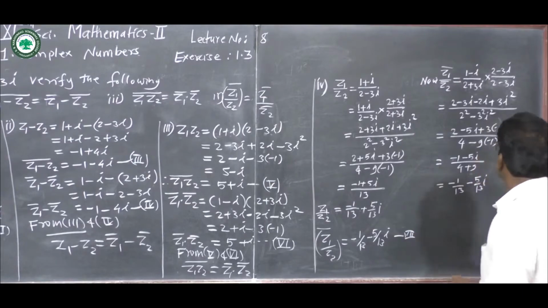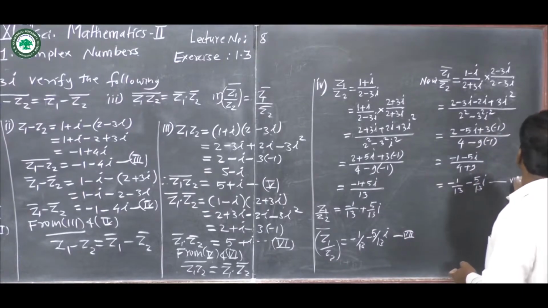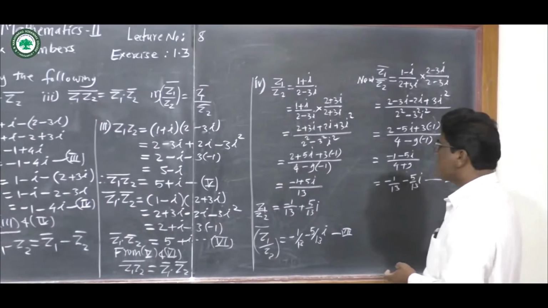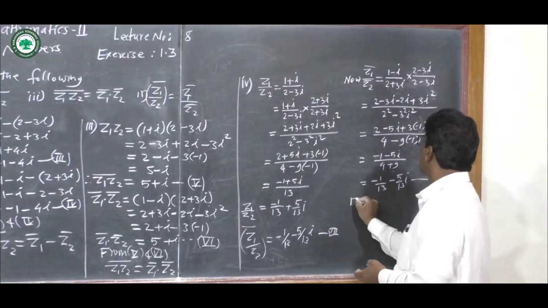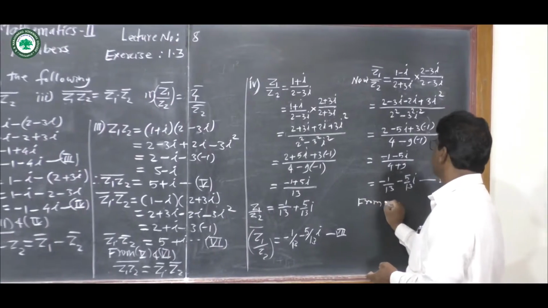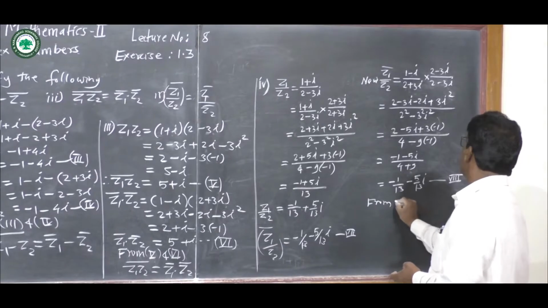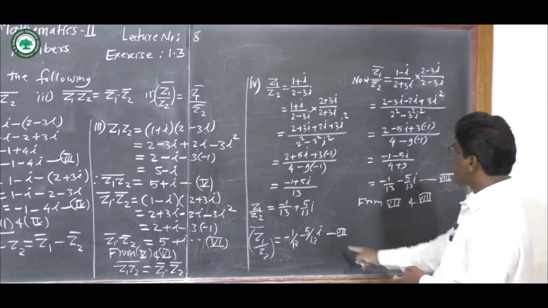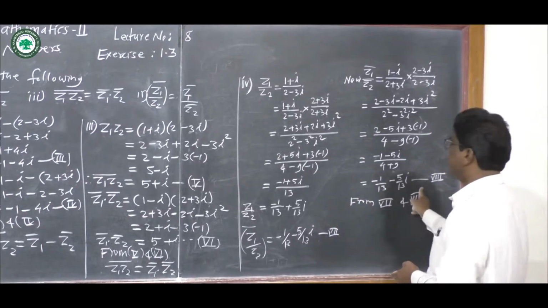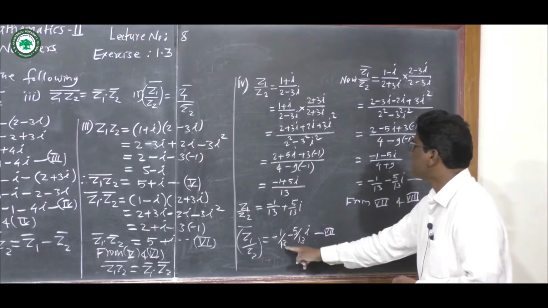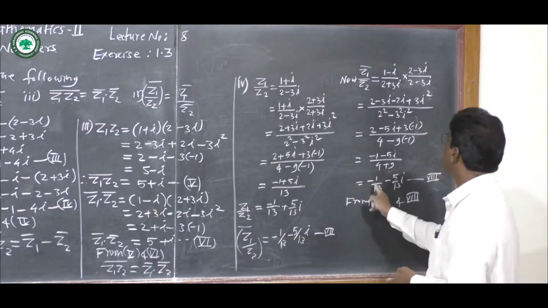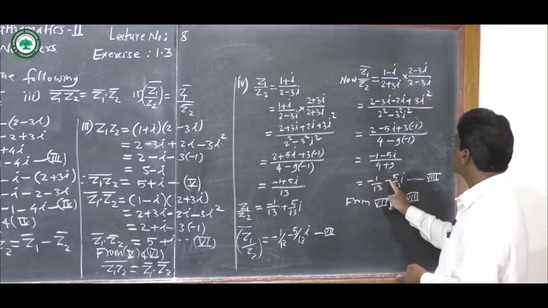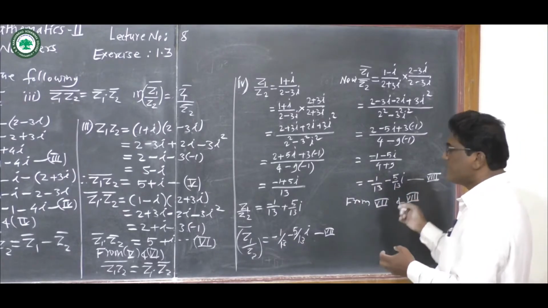So from 7 and 8, observe the 7th equation and 8th equation: right hand side minus 1 upon 13 minus 5 upon 13 i, here also minus 1 upon 13 minus 5 upon 13 i, means same.